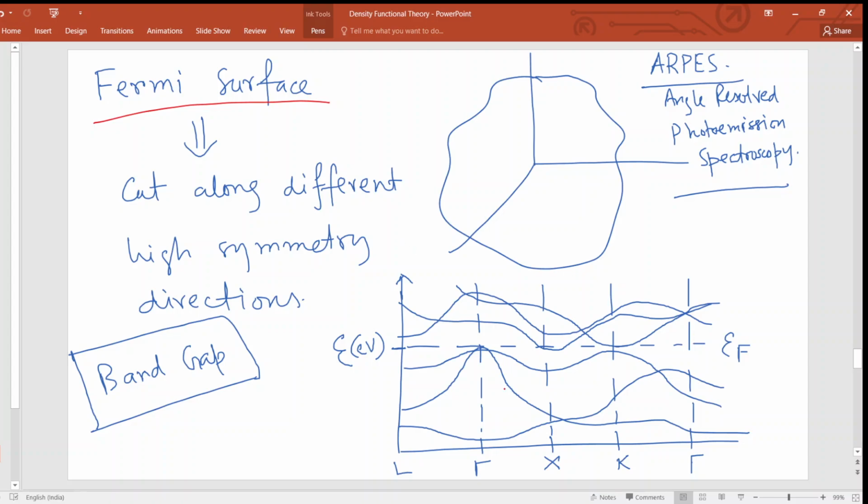But keep in mind that if I am talking about a 3D system, then depending on the crystal structure and the atomic orientations, this energy landscape will also vary. So effectively you can sometimes get a complicated kind of surface. That is called the Fermi surface. And if we take cuts along different high symmetry directions, then effectively we get the band structure.